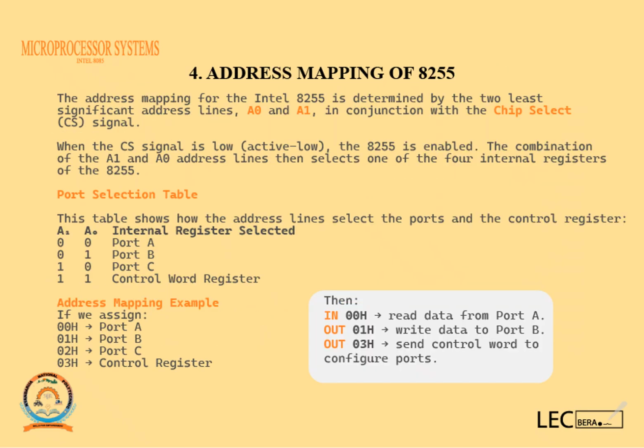Now, this is a very important section for us to understand how to configure the 8255. By understanding the address mapping, we are able to configure this 8255. Remember, configuration of the 8255 will always happen through software. So you write code.